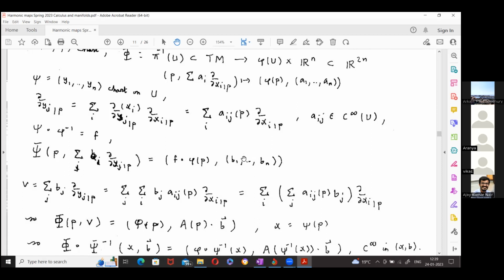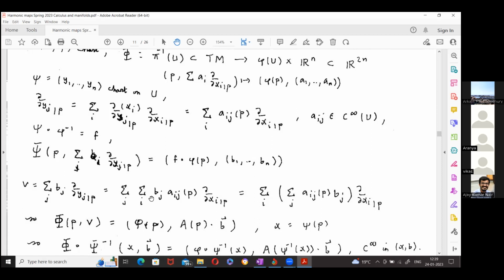Now I want to see what capital Phi maps this element of the tangent bundle to. So what I do is I write my tangent vector v. This is the sum over j of bj ∂/∂yj at p. I write this in terms of the basis ∂/∂xi. How do I do that? Well, each ∂/∂yj I've written in terms of the basis ∂/∂xi.